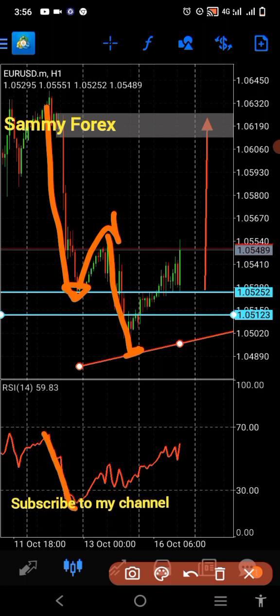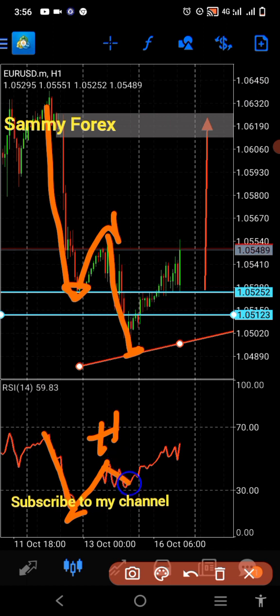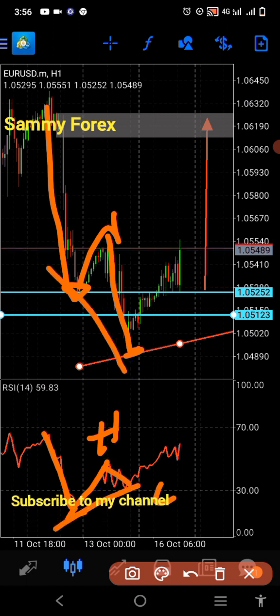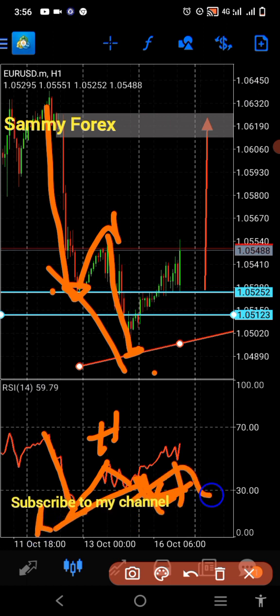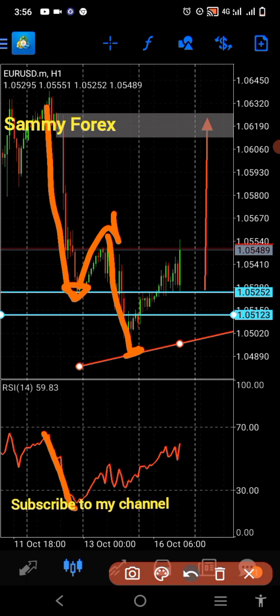Price dropped as it did here, made a low, went up, made a high, and then dropped and made a low. But this time, on the oscillator, this present low is higher than the previous low. This is a low, this is a higher low. Let me take these drawings off.